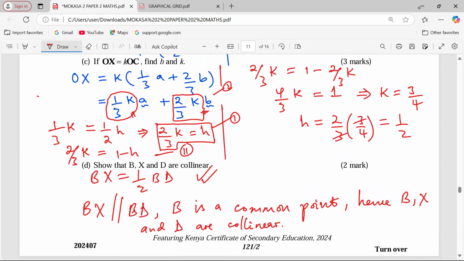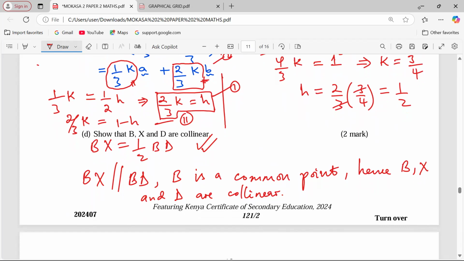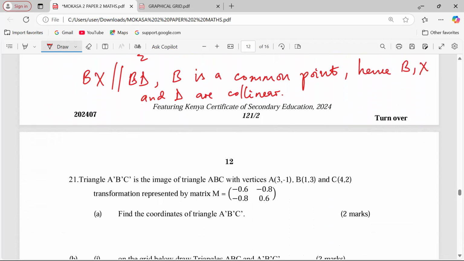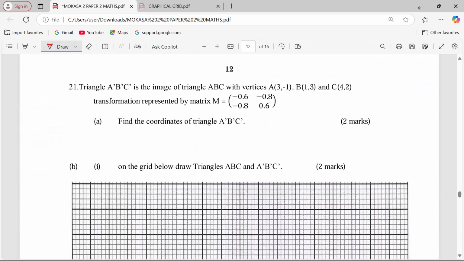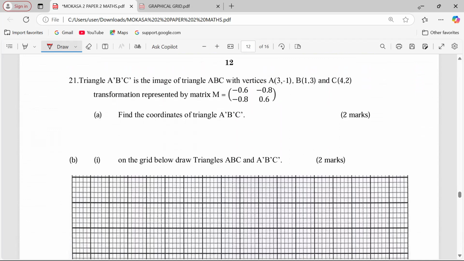That is point B, because in BX there is point B, and in BD there is also point B. Then collinearity has been proven that way. Very simple. Now let's get to number 21, which is a very good question.